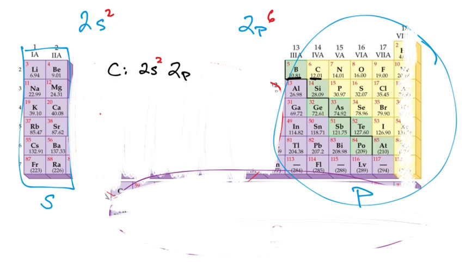It's in the second column, and I get 2p2. Okay. How many bonds did we say carbon had? Because you jumped on that right away. 4. Okay. And we said octets were important. How many electrons have I defined? 4. How many electrons do I need to get to an octet? 4 more. Where are those coming from? The 4 bonds.